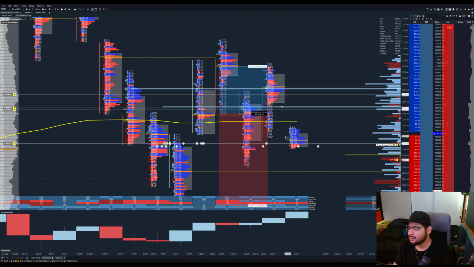So we're below the VWAP now. Trying to create a node here.